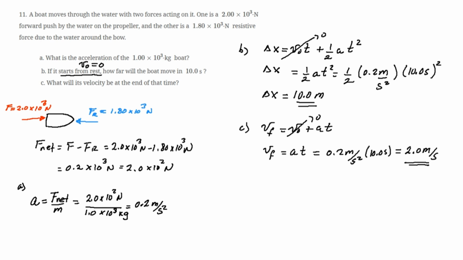The displacement of the boat would be 10 meters. And based on the forces acting on the mass of the boat, the acceleration of the boat would be 0.2 meters per second squared. This is a very good problem that combines Newton's second law with the equations of kinematics: displacement, acceleration, velocity.